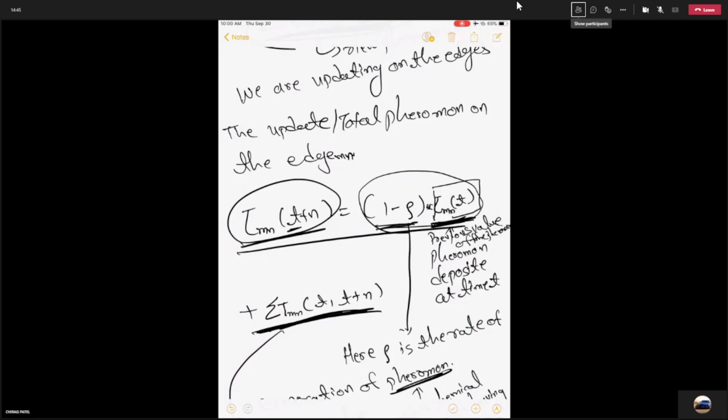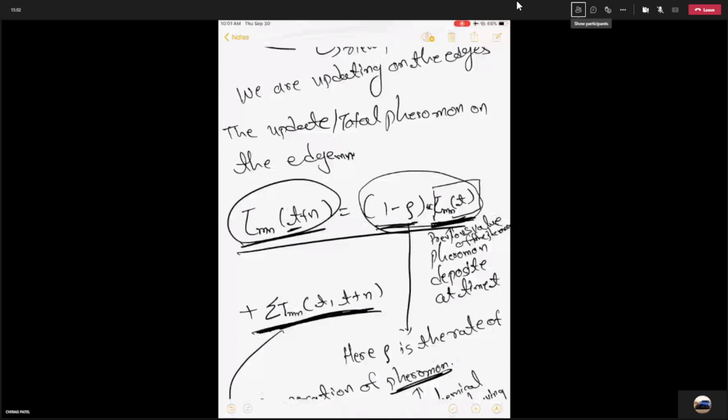Otherwise, if we don't update, only ant 1 would have deposited the chemical on the route, and after some time that chemical would evaporate and nobody would know this route had already been discovered by ant 1, and nobody would follow it.